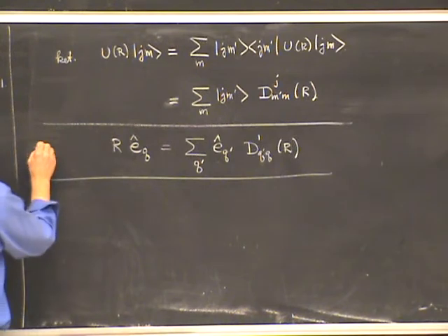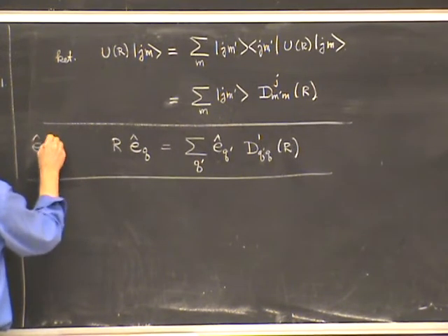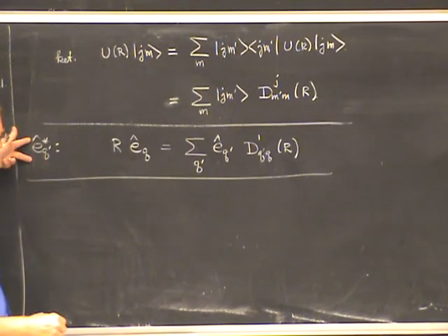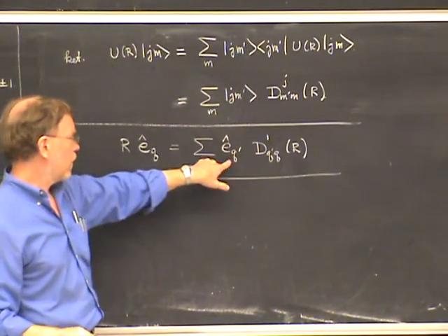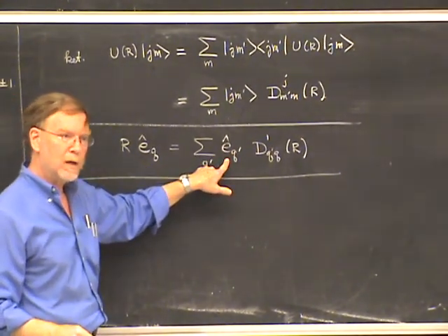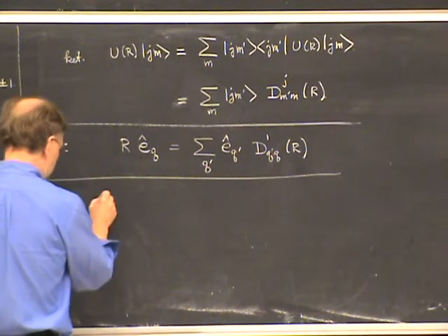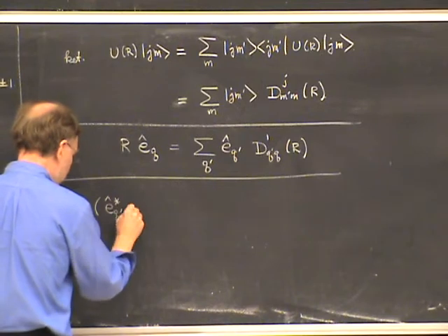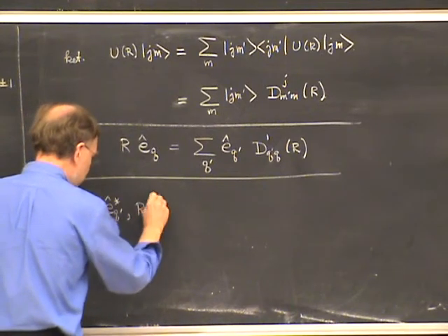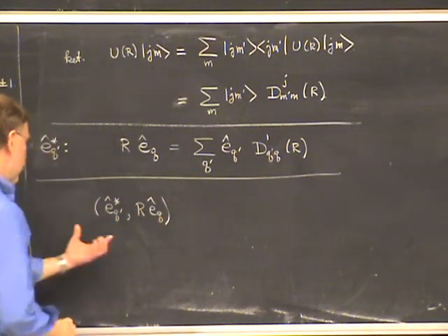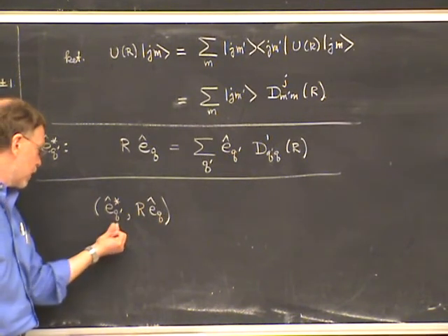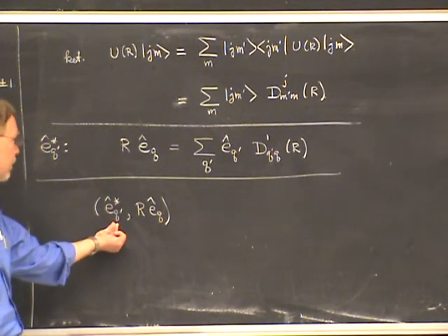If I take this equation and multiply by ê_q' complex conjugated on the left-hand side, take a dot product, in other words, it will pick out one term of the sum on the right-hand side. Let me write this dot product this way: ê_q' complex conjugated, comma, R ê_q. I'll use a kind of rounded parentheses notation for a dot product, but R acting on ê_q, and the dot product is with ê_q' star.